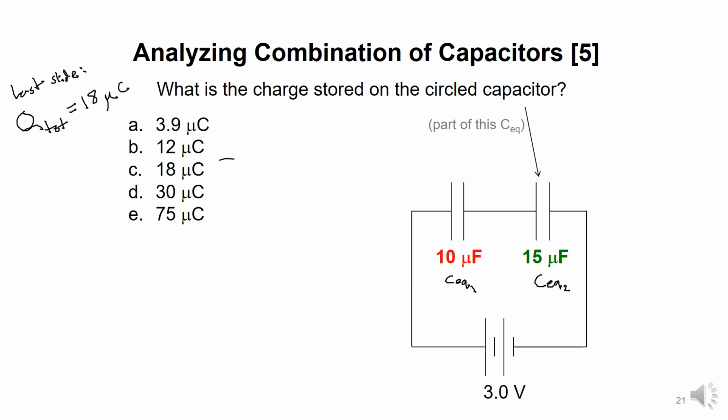Okay, now the circle capacitor doesn't show up in the picture, but we know the circle capacitor is part of the green combination. It's part of C equivalent 2, shown in green. So this tells us we might as well find the charge stored in the green combination. Okay, here, do it on the board. So we are trying to find the charge stored here.